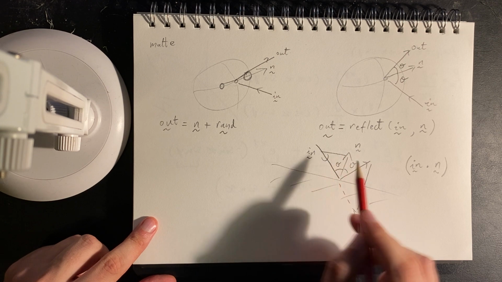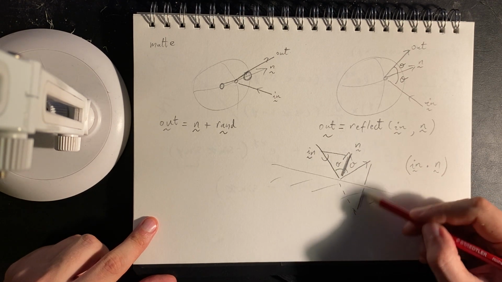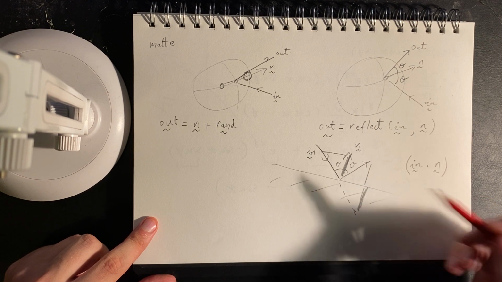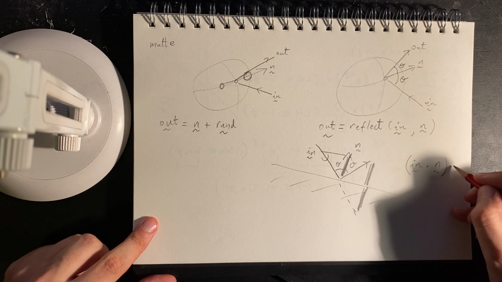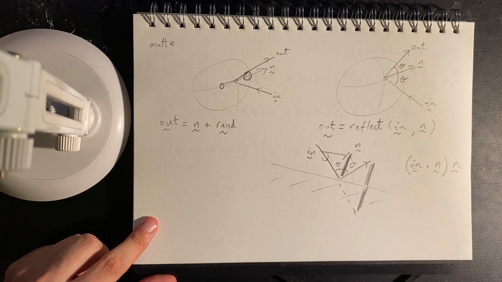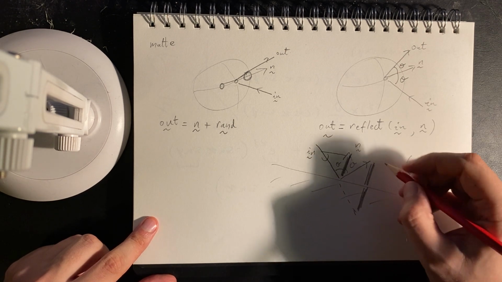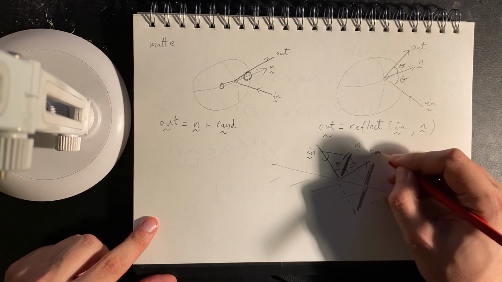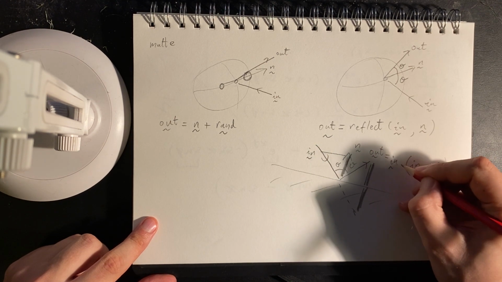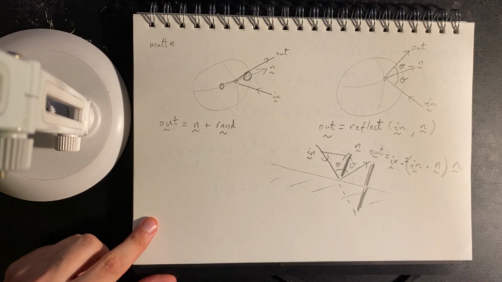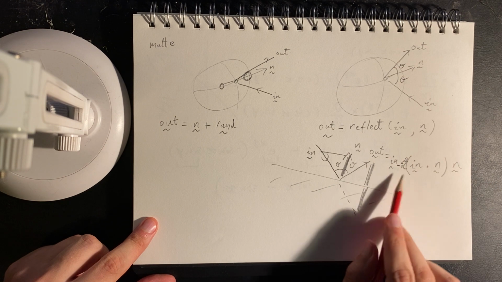So this length here is what that will find, and that's the same length that I move back once to get within the surface, and then back once more. So I need to take this and multiply it by the normal vector. That will give it an actual direction, an actual vector. And so we have out equals the inward vector minus 2 lots of that. Sorry, that's a bit messy. So minus 2 lots of this.